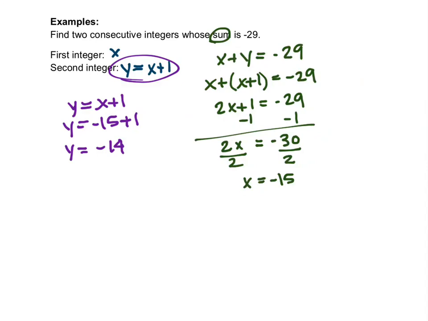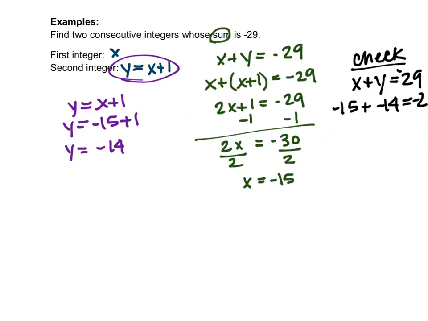So in doing this, I can go ahead and check my answers. So I'm going to do a check, because if I add these two numbers together, if they check out, they should add to negative 29. So if I take x plus y is equal to negative 29, I'm doing the check. And again, with this check, I'm going to take a look and say x I found to be negative 15 and y I found to be negative 14.